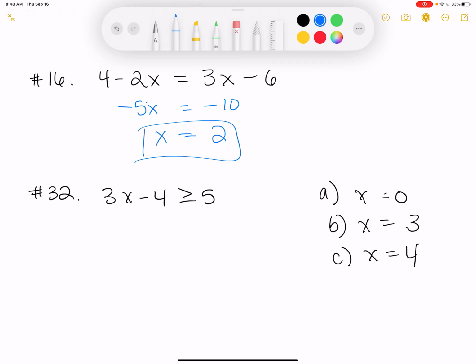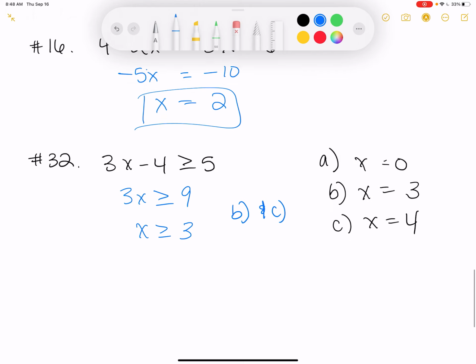Alright, so to solve this, I get 3x greater than or equal to 9. x is greater than or equal to 3. So it would be B and C. It's like the same thing we did earlier, it could be multiple answers.